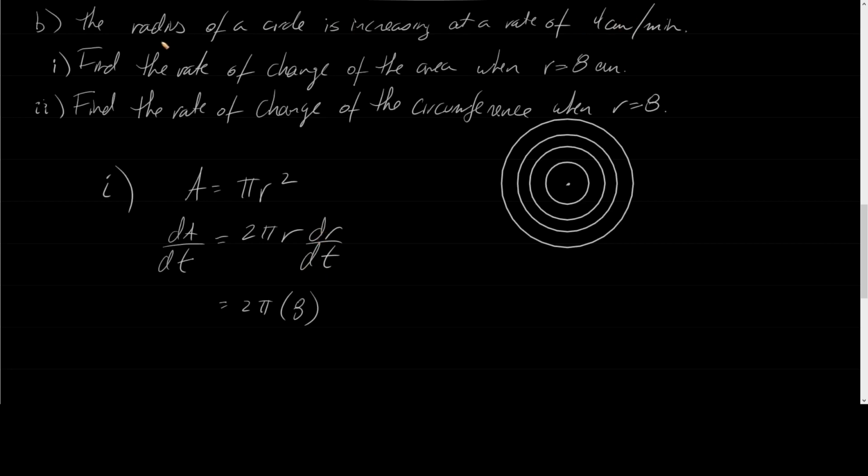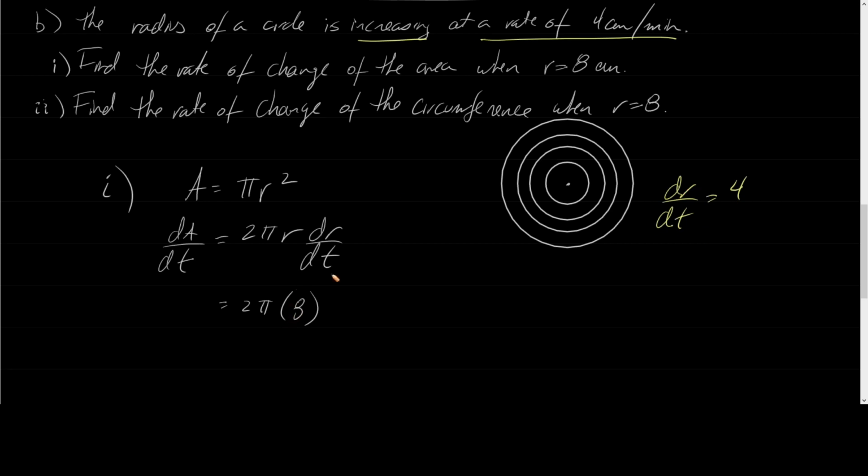What's dr/dt? They tell us the radius is changing at a rate of 4 centimeters per second. Actually, the problem says a rate of 4 centimeters per minute. I said second earlier. I meant minute. So what this information, increasing at a rate of that, really tells us is that dr/dt is 4, right?